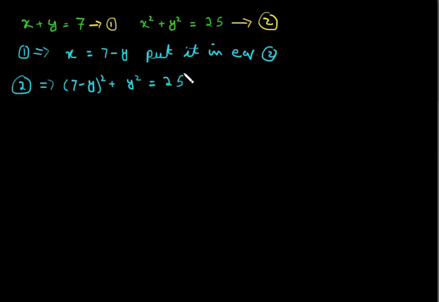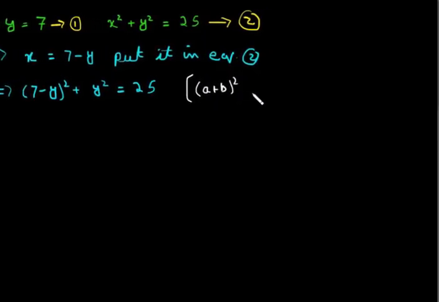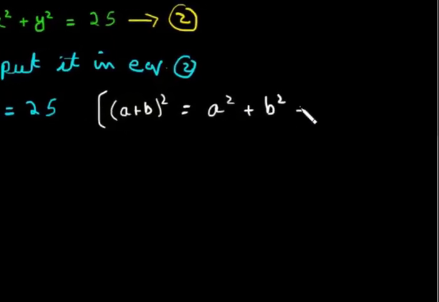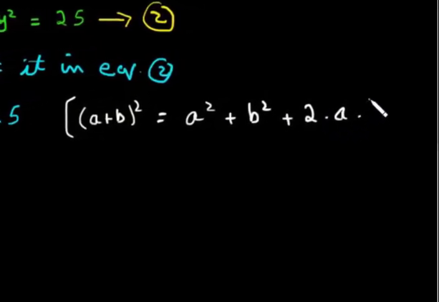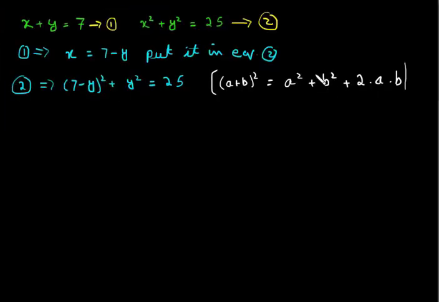Now we know the identity that (a plus b) whole squared is equal to a squared plus b squared plus 2ab. I will treat this 7 as a and this y as b. If I make this a minus b, then I will get minus over here.